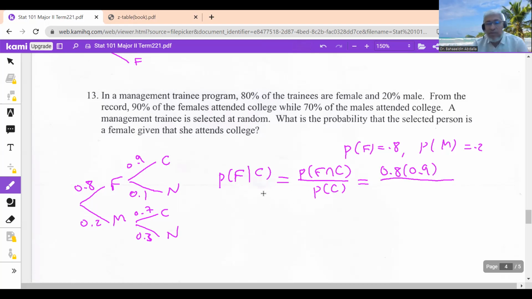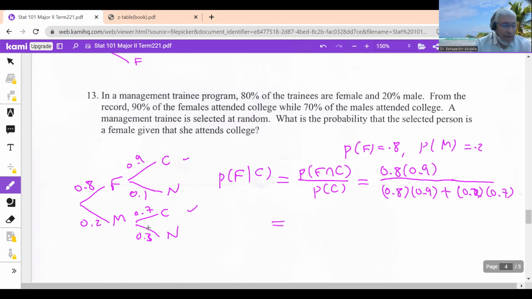And you find the probability of C. C comes from this branch and from this branch. So you multiply 0.8 times 0.9, plus 0.2 times 0.7. This is how we find this probability.